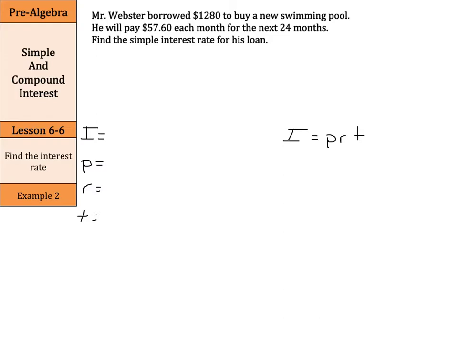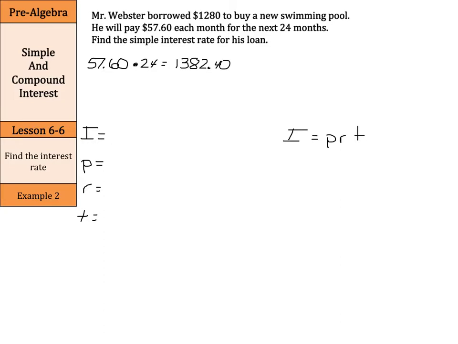But before we can do that, we need to figure out the amount of interest that Mr. Webster will pay. Now we're being told that he's paying $57.60 every month for 24 months. So if I multiply those two numbers together, $57.60 times 24 months, that is $1,382.40.